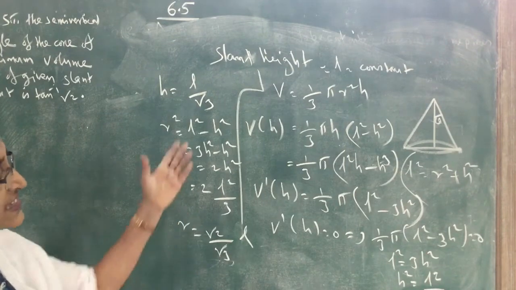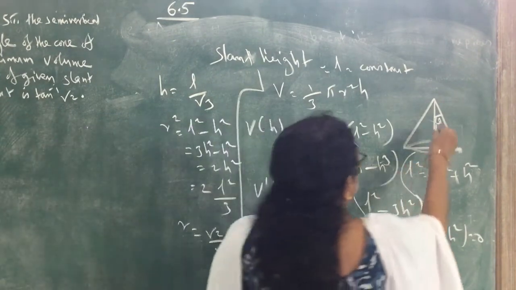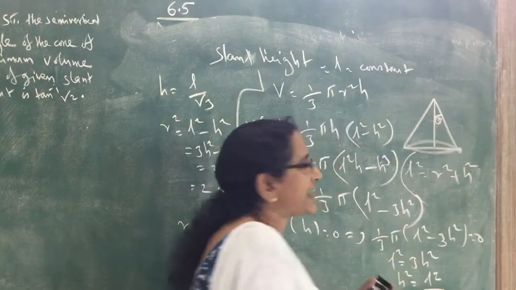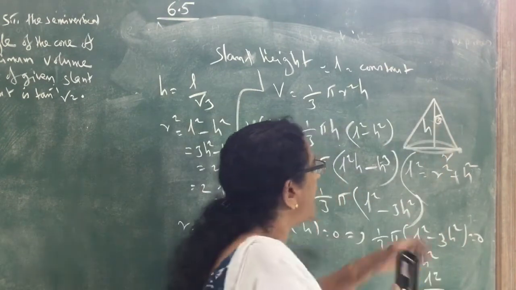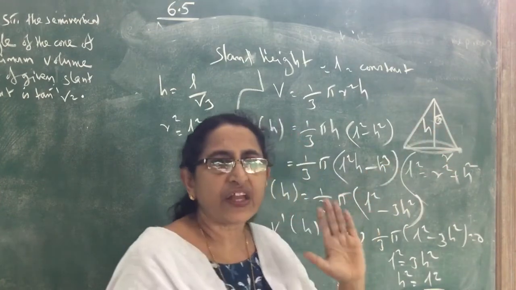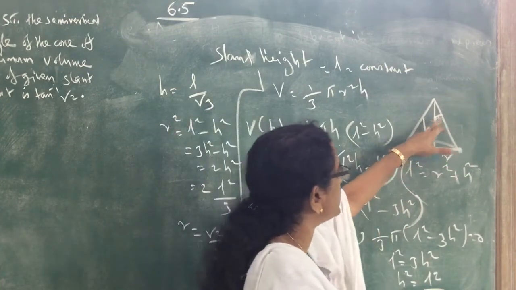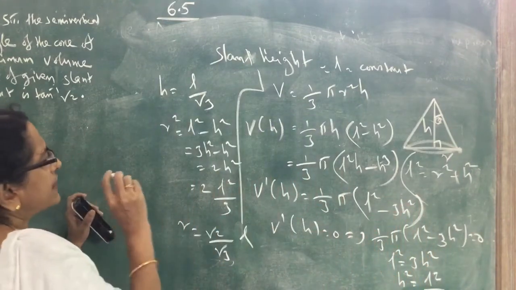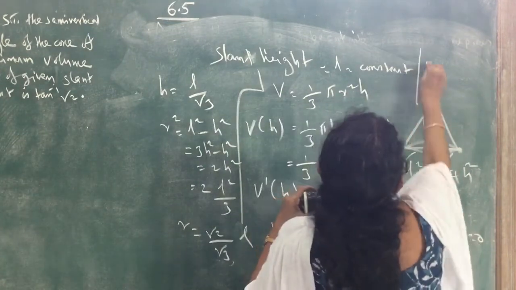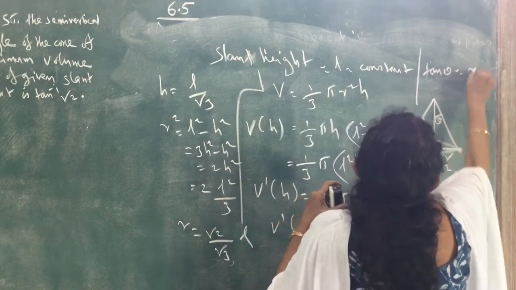Now we can find the semi-vertical angle. See, in this cone, this is semi-vertical angle theta, and this is the radius and this is the height, r and h. So in this right triangle, tan theta equals r by h.